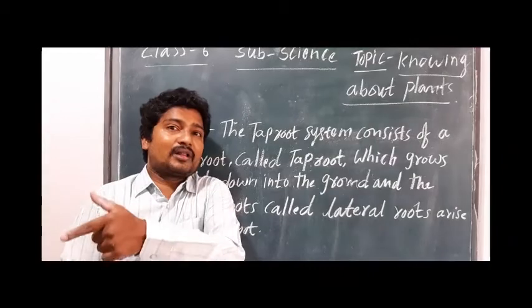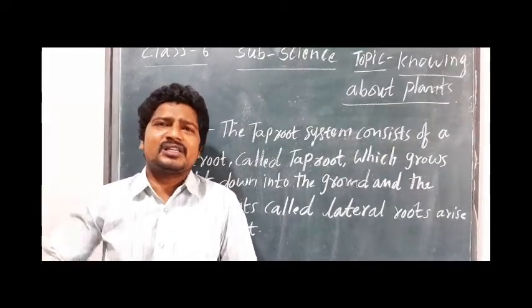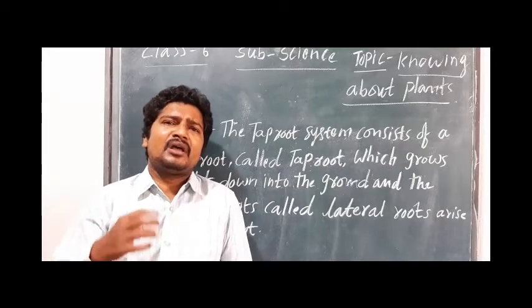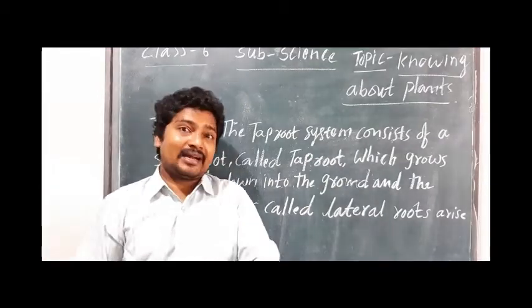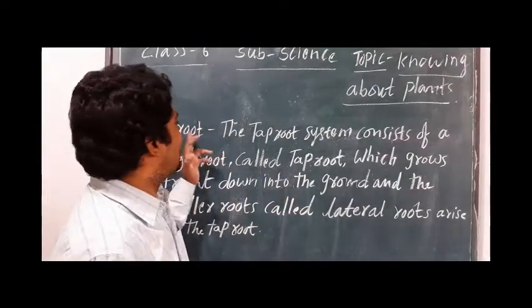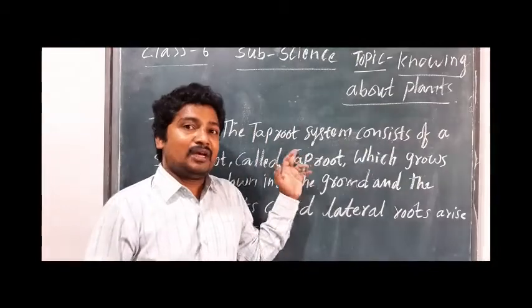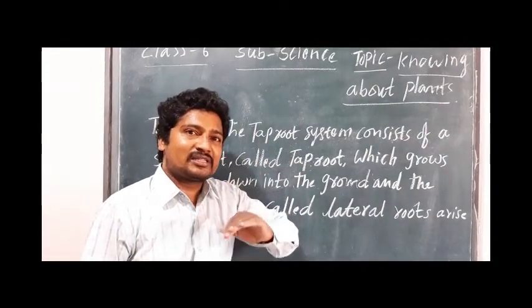But some are tall plants or trees that we cannot pull out because their stem is fixed very deep in the soil. That kind of plants have the tap root system, not the fibrous root system.